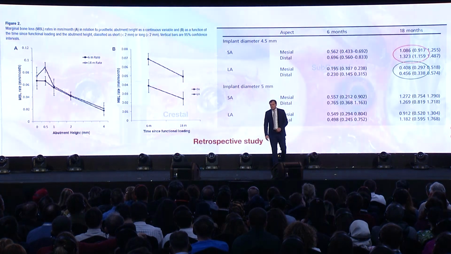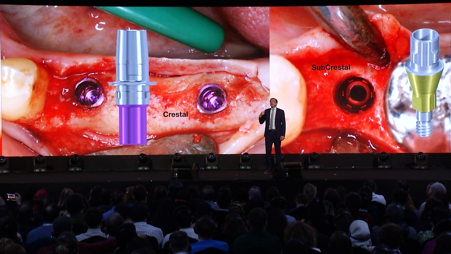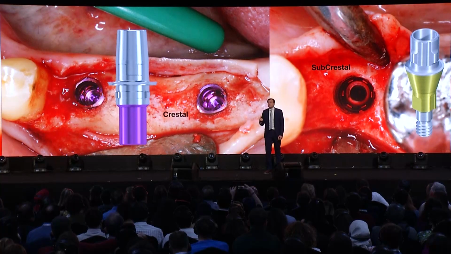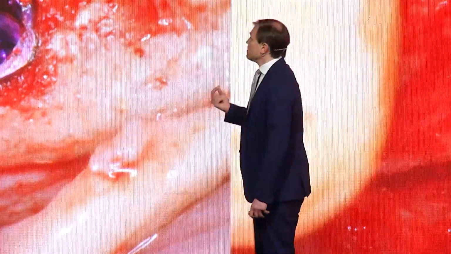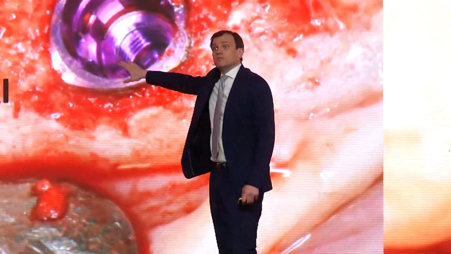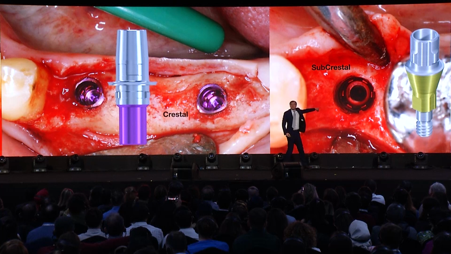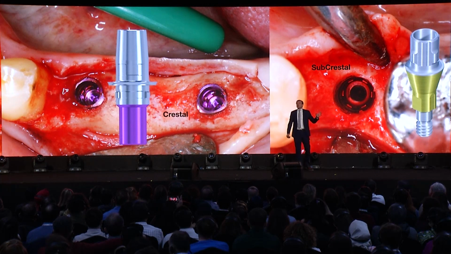What does it mean? It means that we do not know how the implant was placed in that study, because maybe it's placed at the level of the bone, so that's one situation. If the implant is placed below the bone, that's a completely different situation.